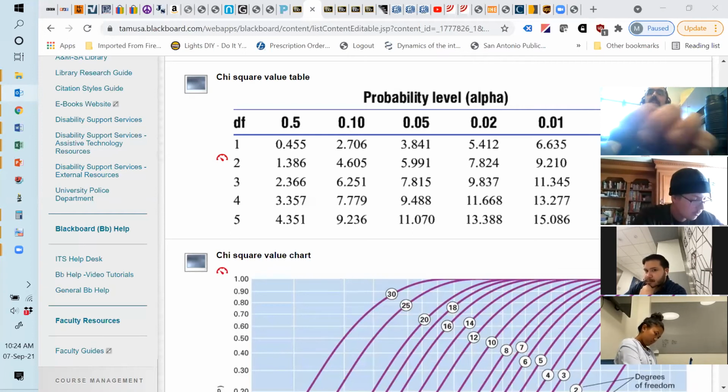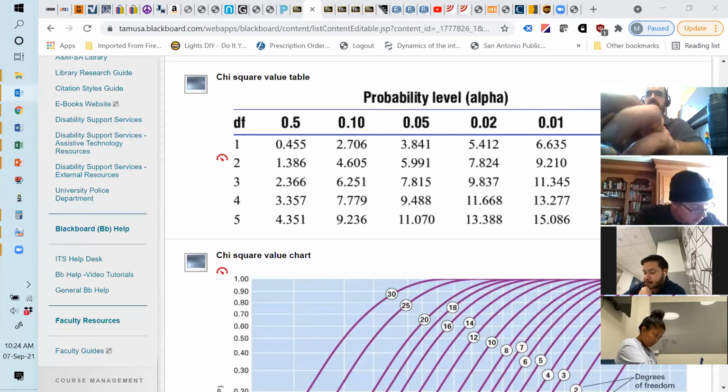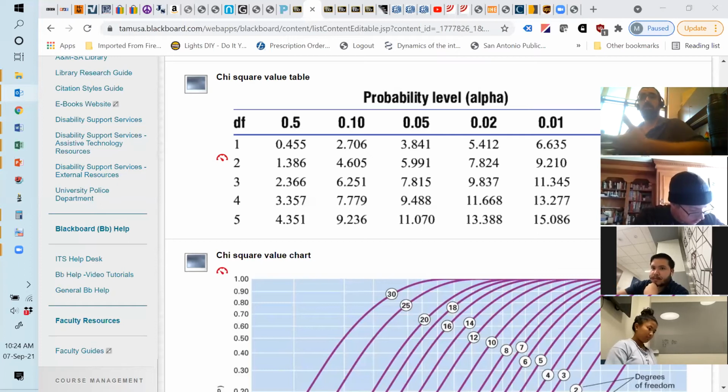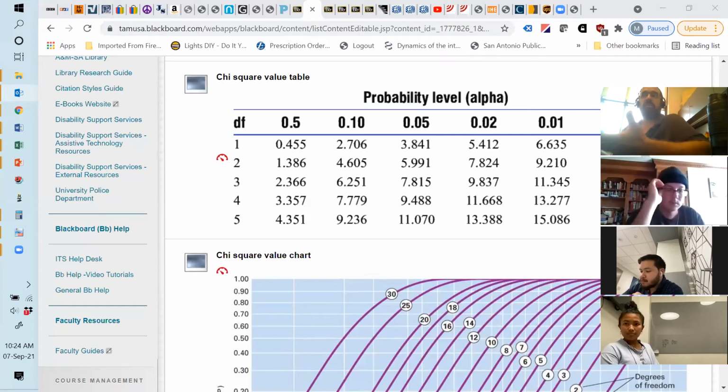It is highly significant, Maya. Because what you observed is what you observed, right? It's neither right nor wrong.